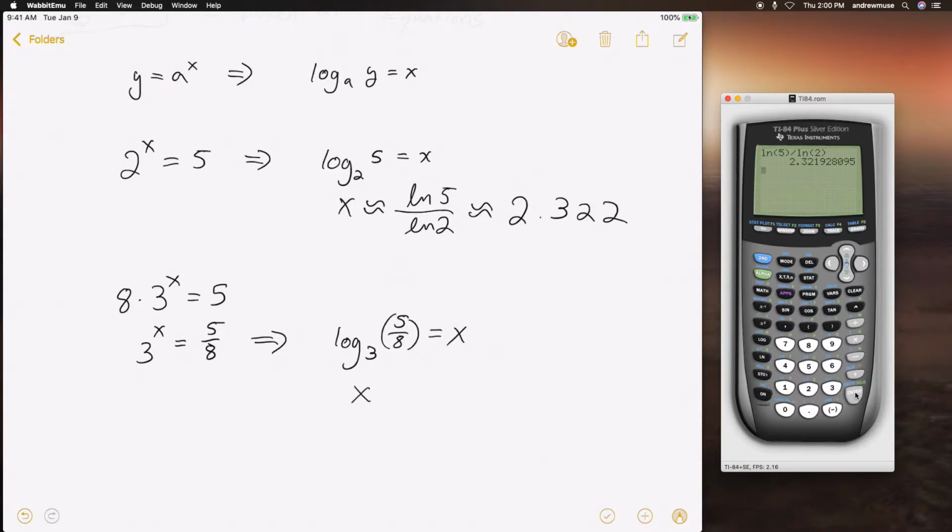Again, we can evaluate that using the change of base formula, or if you have one of the newer calculators, which probably most of y'all do, you can use the built-in change of base.